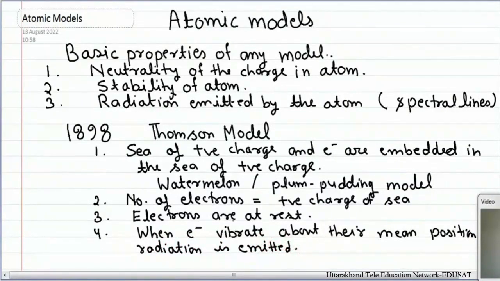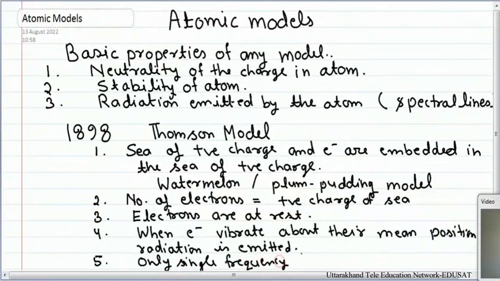So according to the Thomson model, one can explain the neutrality of the charge in atom, then the stability of the atom, but the radiation emitted by the atom could not be explained successfully, because according to this model, only single frequency radiation is possible.